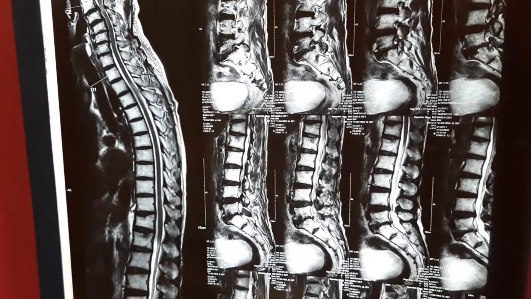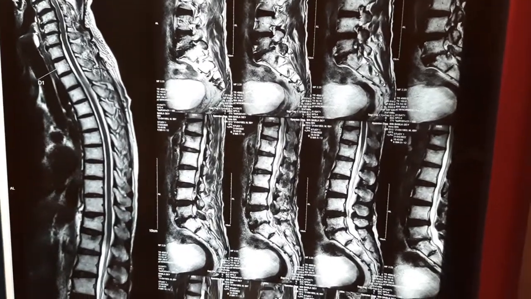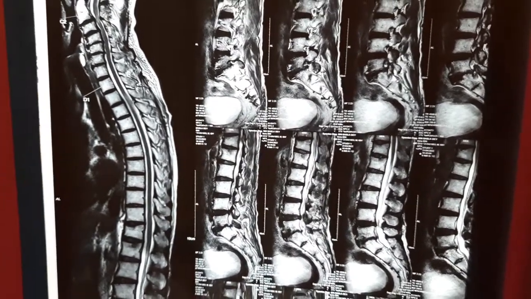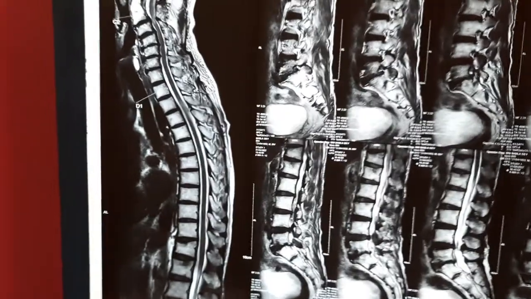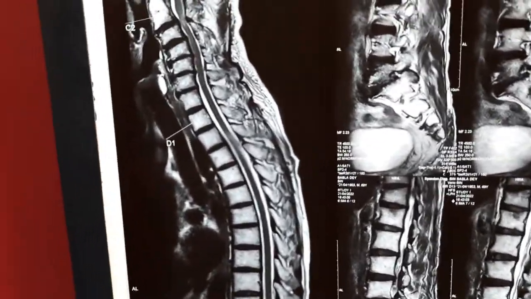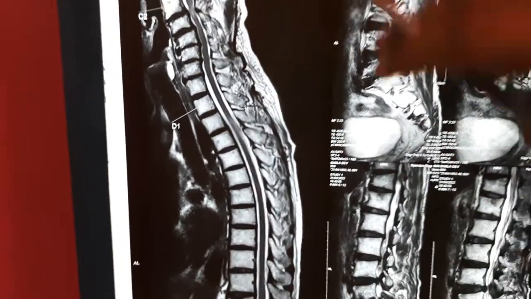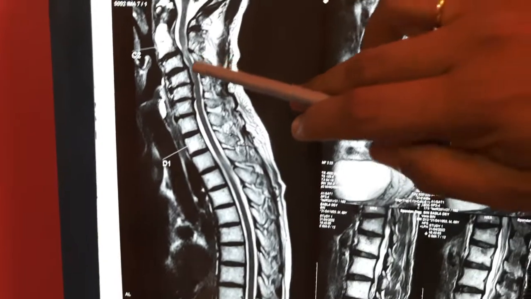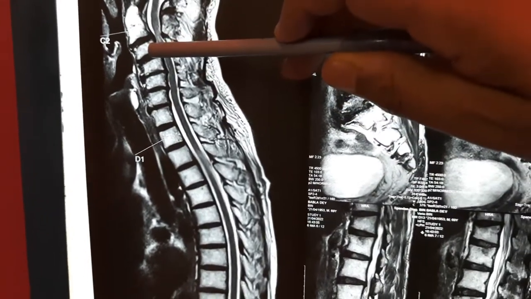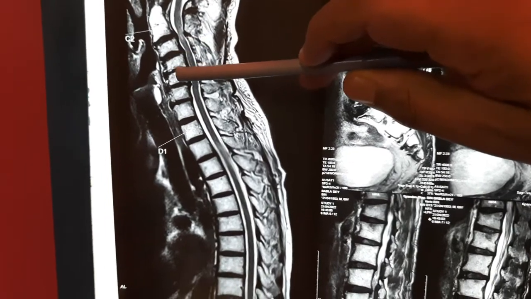When we did the MRI, we found a few findings, and for showing this I am showing you this MRI plate. If you see the MRI plate properly over here, we can see a few of the most important findings. Here you can see the spine, this is the C2, C3, C4, C5.